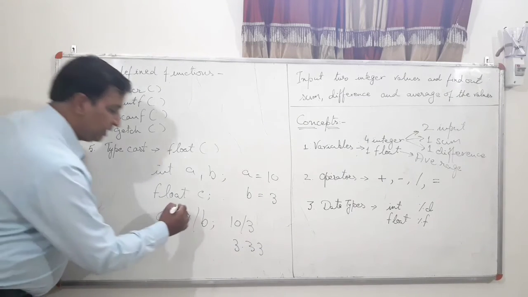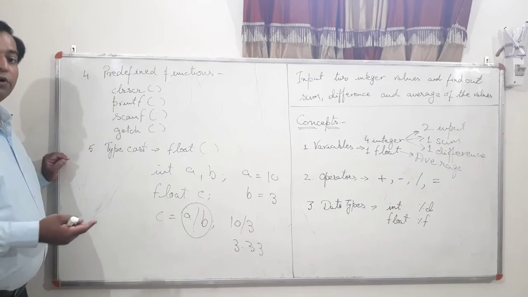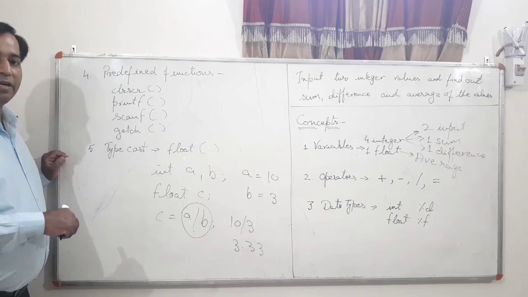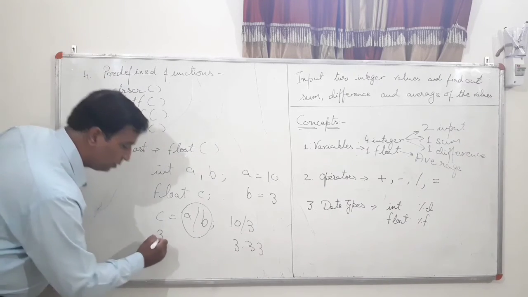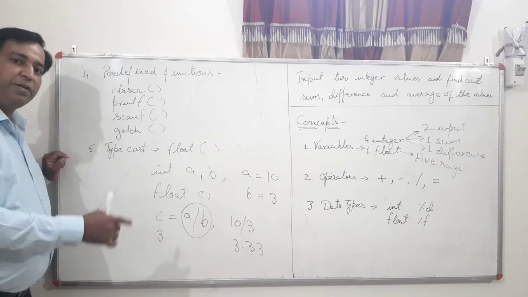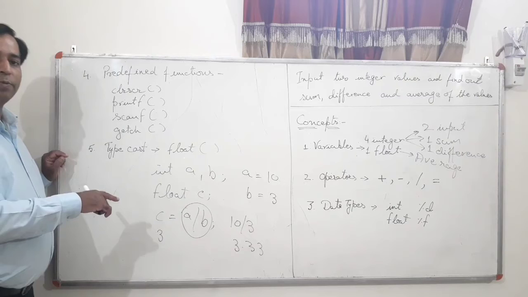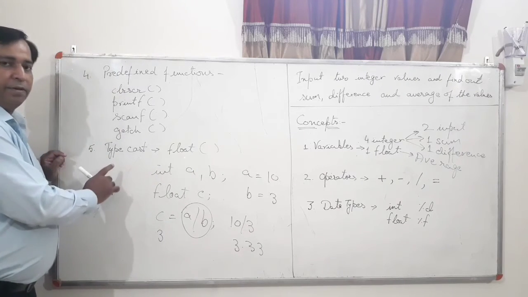Now because these 2 variables are integer type variables, the result will also be integer type, right? That means C will only be given 3, not the decimal part. Now if we need the decimal part also to be assigned to C, for that we'll be using typecasting, right?